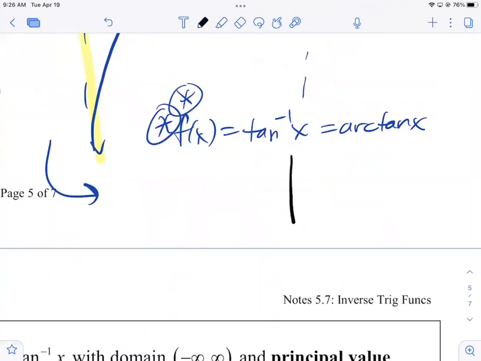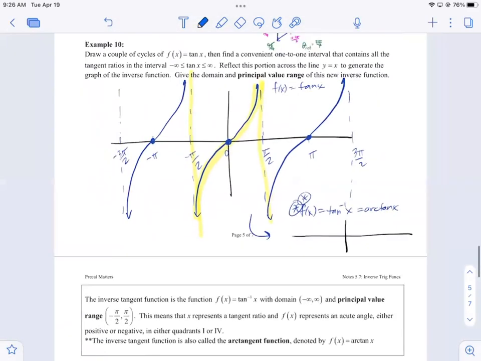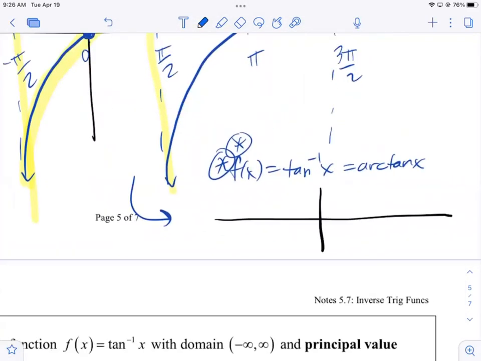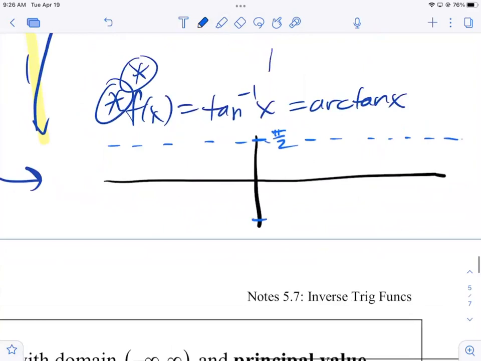Here's what it looks like. Y-axis, x-axis. The vertical asymptotes become horizontal asymptotes. So up here at y equals pi halves, draw that first. You have the old x equals pi halves vertical asymptote, which is now horizontal. And then down here at negative pi halves, you have another horizontal asymptote.